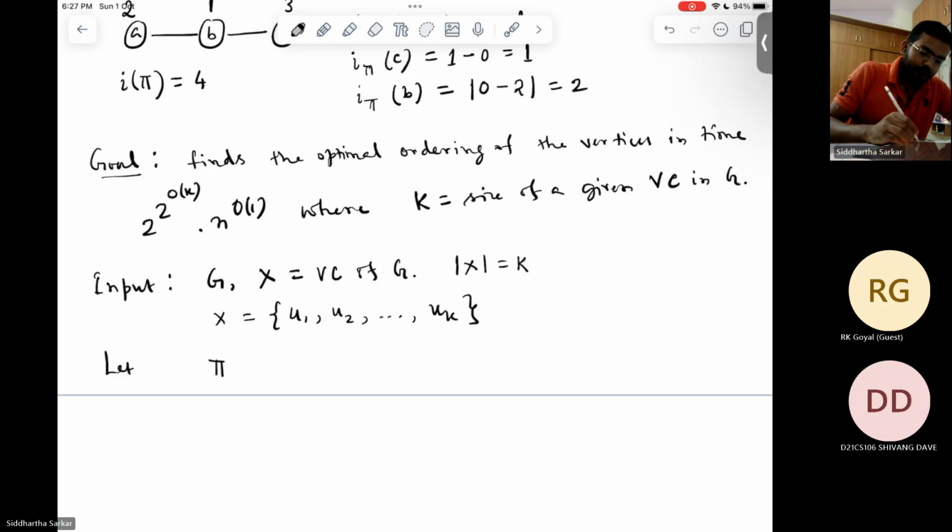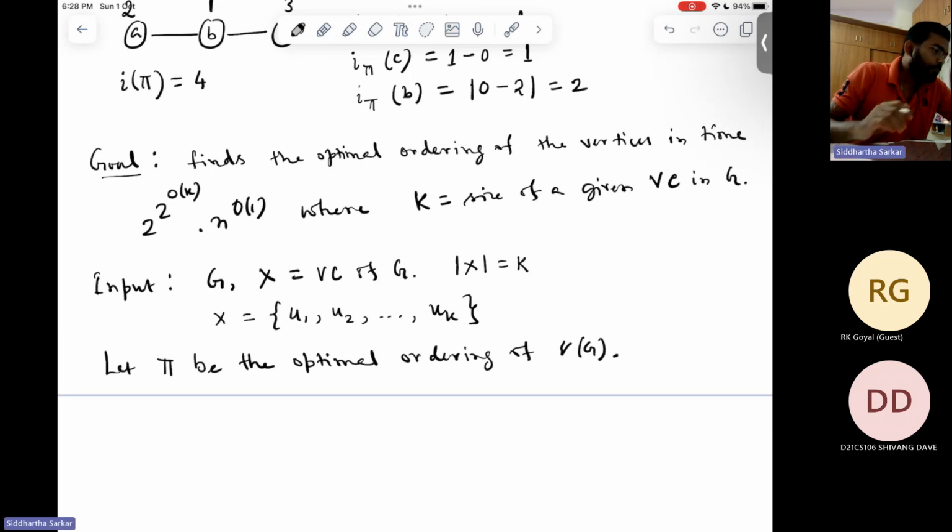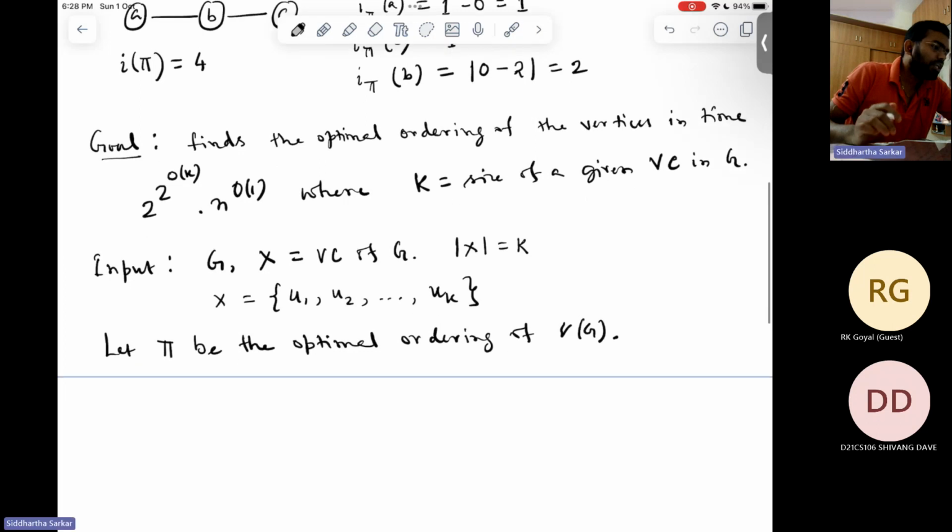Let pi be the optimal ordering that minimizes the imbalance. So pi imposes an ordering on the vertices of the vertex cover given to us, and let us say this is the ordering.